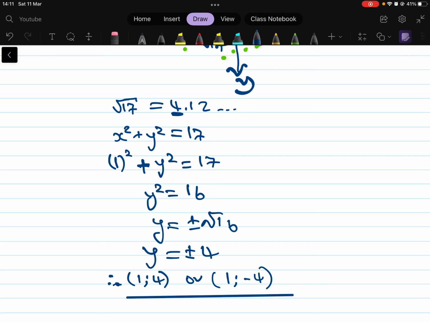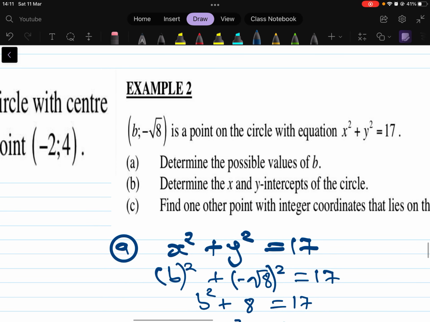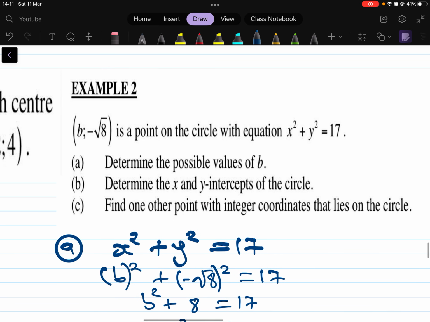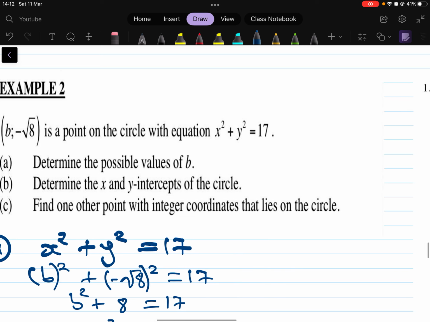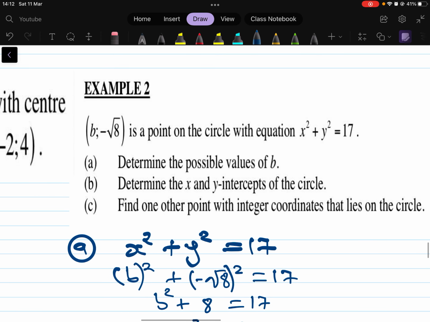So we managed to find another point which is on the circle and it has integer coordinates. It lies on the circle and it has integer coordinates, so we are done. To not make this video too long, I'm just going to leave it here and then we look at an exercise in the next video.